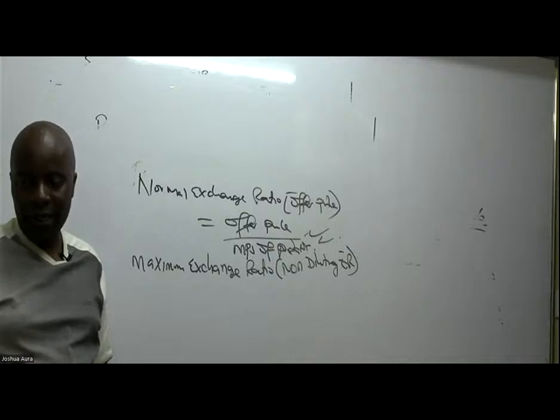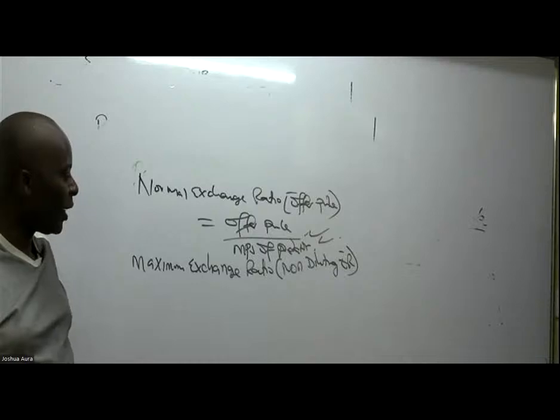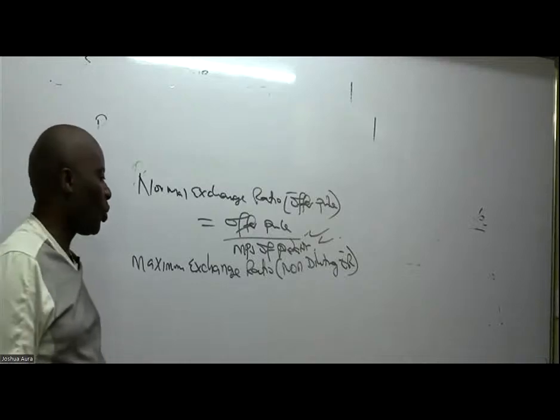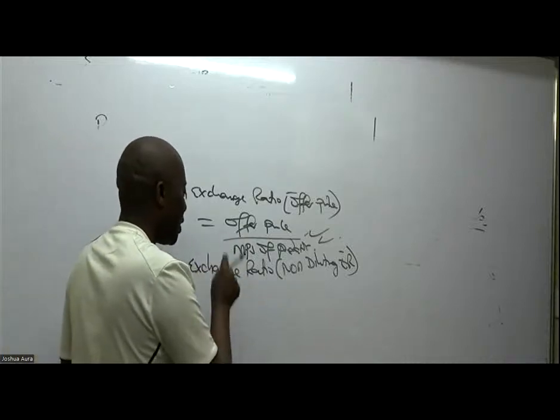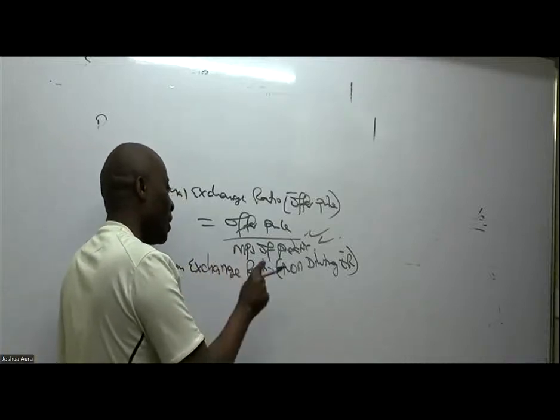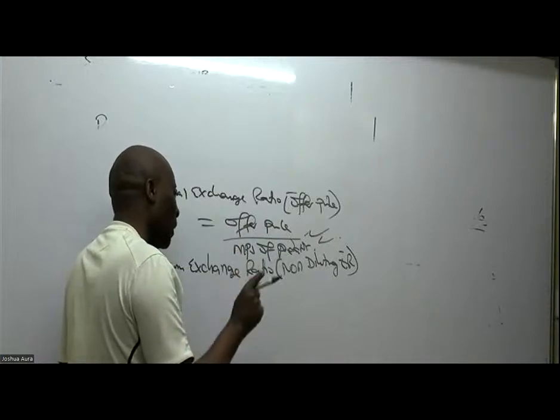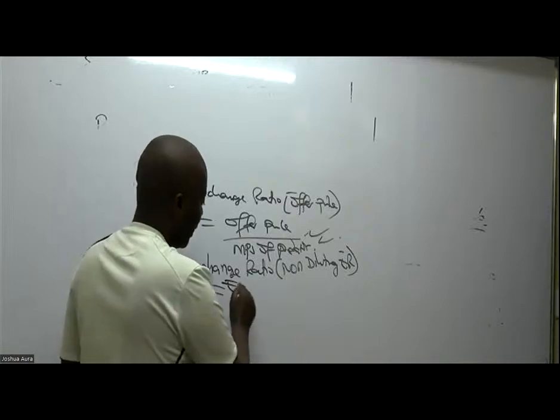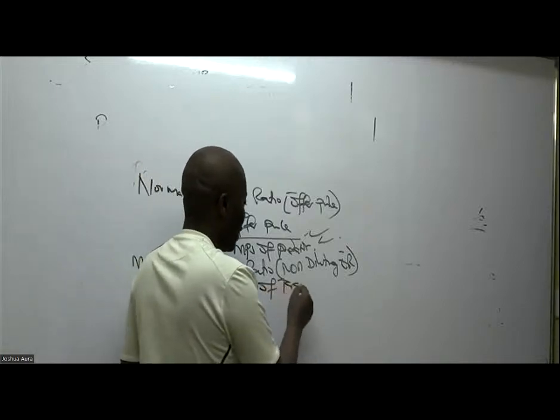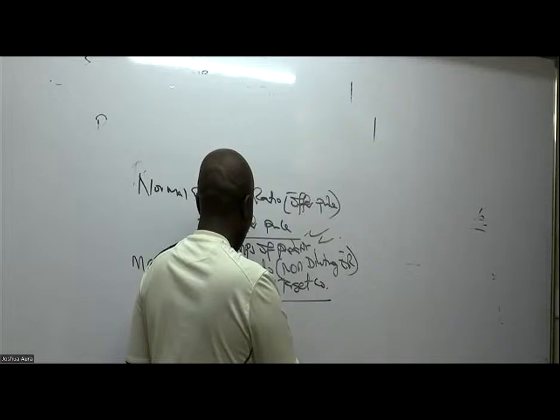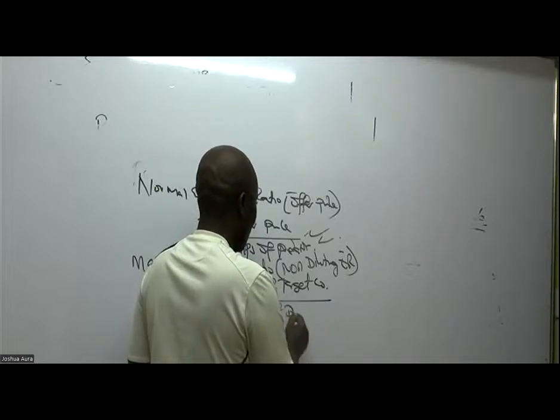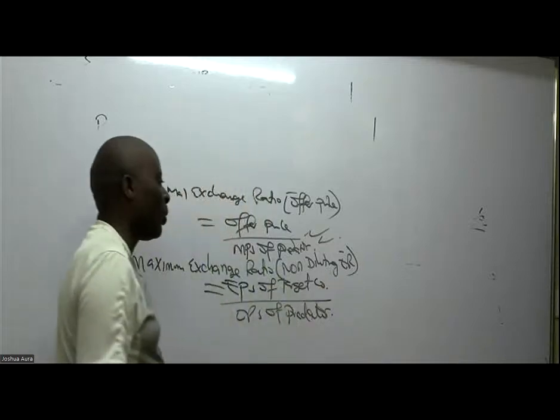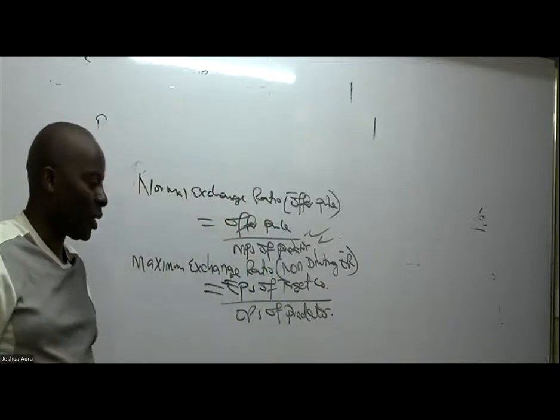If I use this exchange ratio, which is the maximum, then the EPS of the company will not be diluted. How do we calculate this? We take the EPS of the target company over the EPS of the predator. Very important concept for you to appreciate.